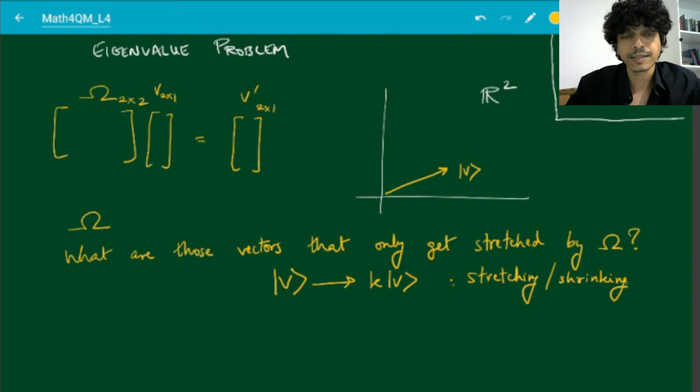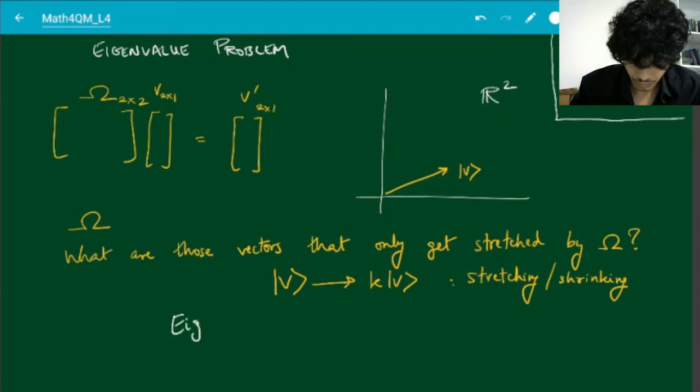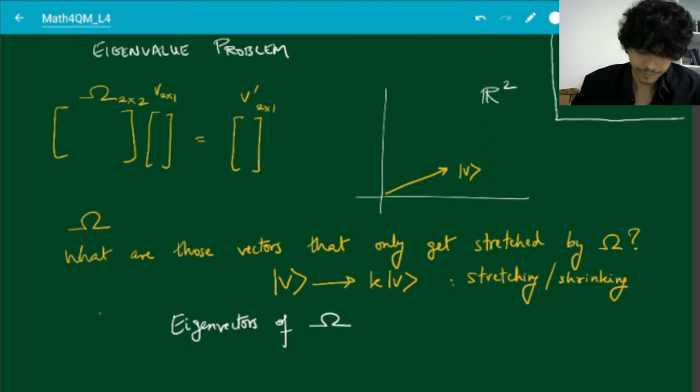So the question I'm asking is, what are those vectors which only get stretched or shrunk by omega? They don't get rotated or flipped or anything of that sort. Those vectors are called the eigenvectors of omega. And the amount of stretching or shrinking that happens, this constant k, is called the eigenvalue.